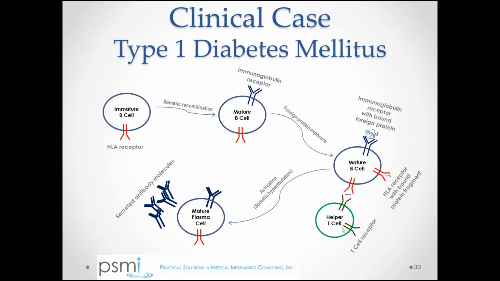But another reason we wind up with so many different proteins is because of the alterations in the DNA of these B cells as they go from immature B cells to mature plasma cells. So let's take a look at this diagram in some detail, and then the next couple of slides we'll zoom in a little bit more.